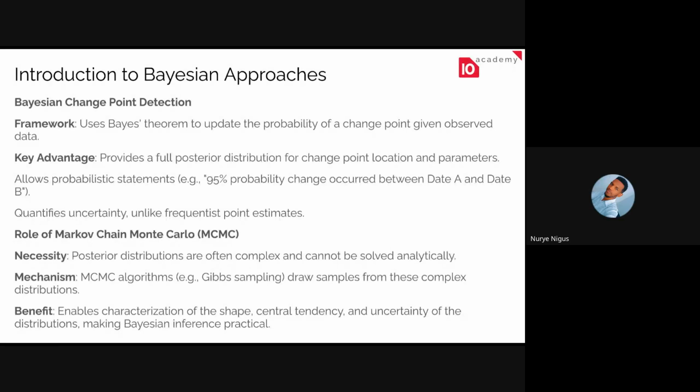Yeah, it's clear. Okay, one more question. On the task, it says we have to identify more than one change point. I think the task is saying it's just a single change point. No, does the task say single change point?